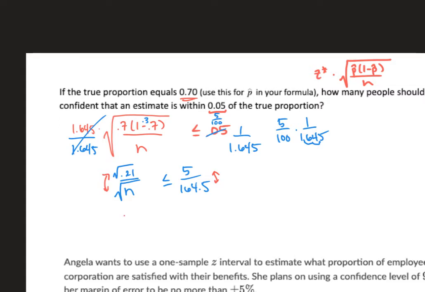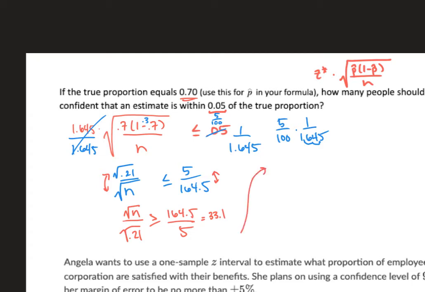So you're left with the square root of n over the square root of 0.21. When you take the reciprocal, the inequality symbol also has to change. You have 164.5 over 5, and we divide this out, which equals 33.1.